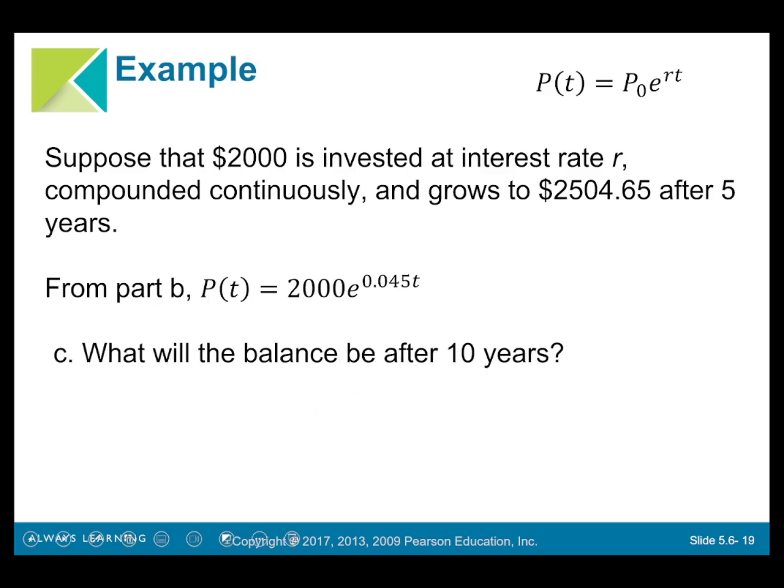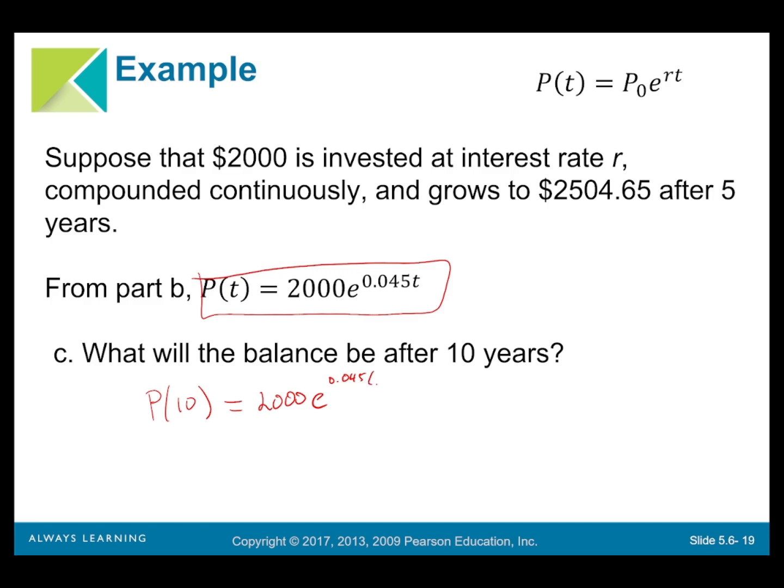Perfect. Well, now we can use that function that we just wrote down, and we're going to find the balance after 10 years. Well, that's just P of 10, since our t is in years, right? P of 10, that's 2,000 e to the 0.045 times 10. And let's see what that equals.